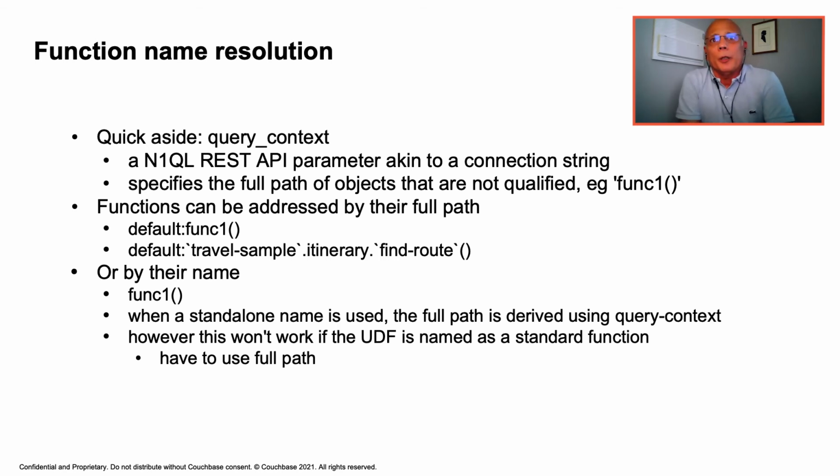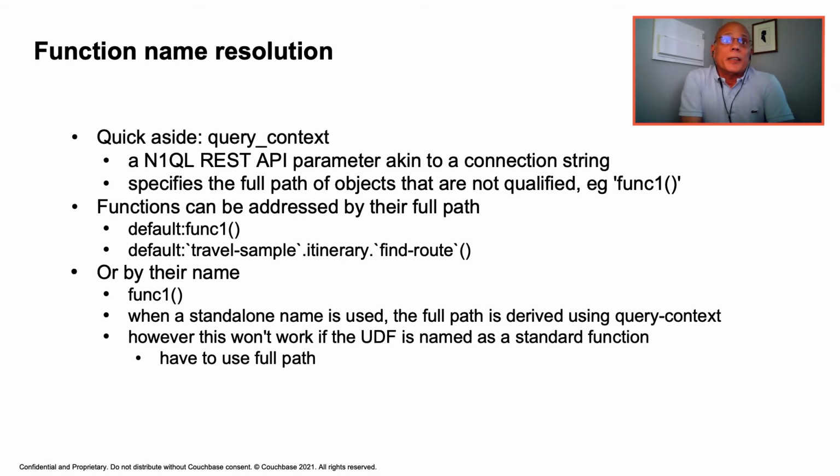How do you know what collection1 is, and where it is? You do that with a REST API parameter called query context. Query context specifies the path in your request for any object that is not fully qualified. If you think about relational database engines, it's kind of a connection string.